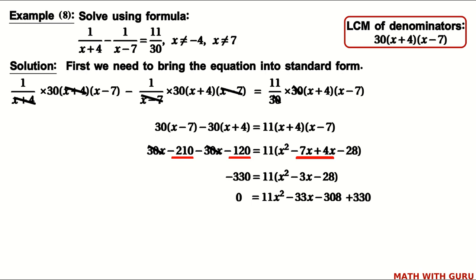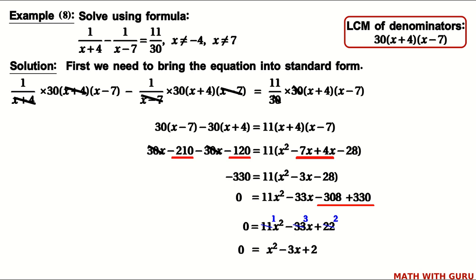It becomes positive. 0 equals 11x squared minus 33x minus 308 plus 330. We get plus 22. 11 is a common factor here. 11 3s are 33, 11 2s are 22. We get x squared minus 3x plus 2.